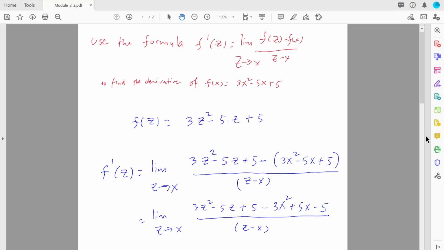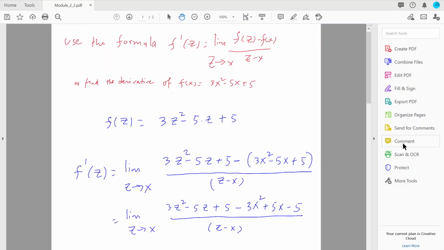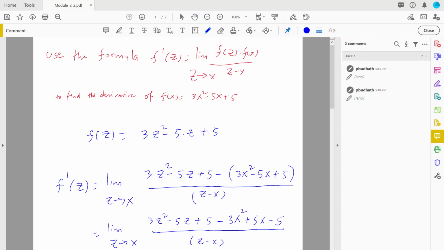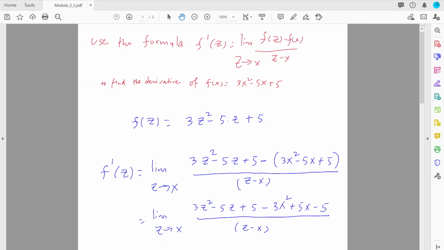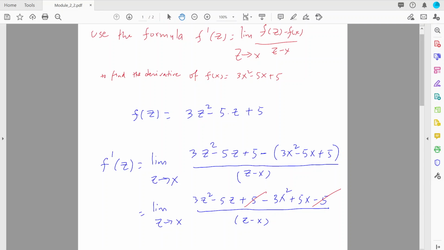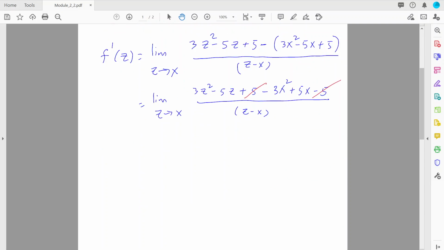So on the top, you can combine the like terms and cancel if there is any cancellation. For example, you can cancel positive 5 and negative 5 here. And this is 3z squared, this is 3x squared. So let's go further.